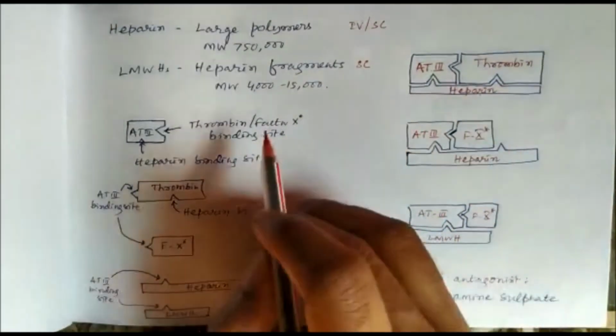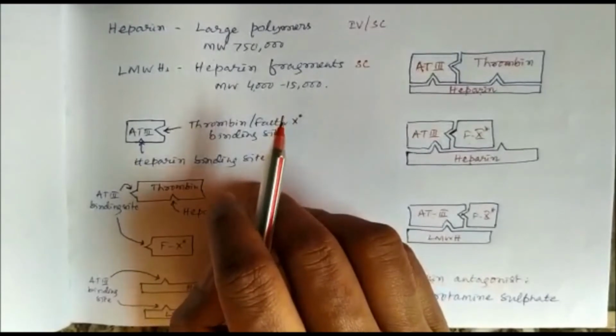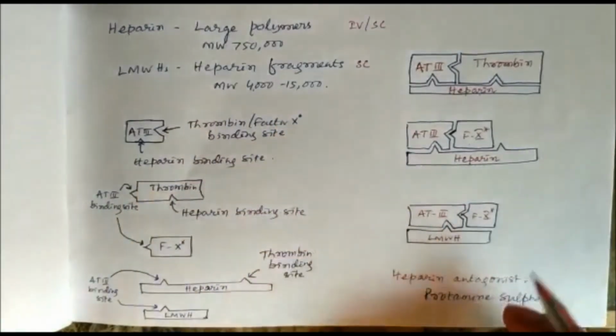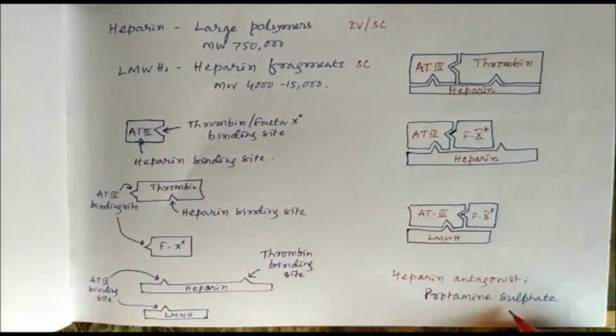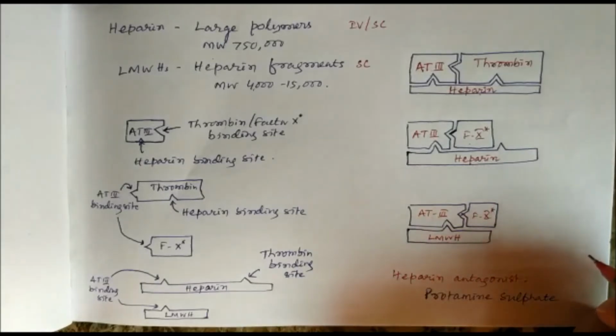So if there is heparin excess, then we can use a heparin antagonist like protamine sulfate. Protamine sulfate is a low molecular weight protein isolated from fish sperm, and it can be used in cardiac surgery and other vascular procedures.